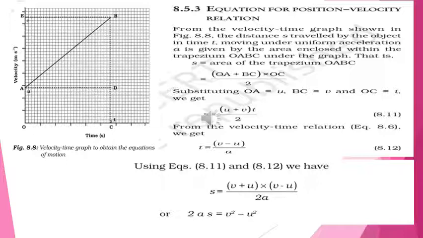So what are the parallel sides? The parallel sides are OA and BC, that is U plus V, and the height is T, that is the time taken, OC or AD. So upon 2.